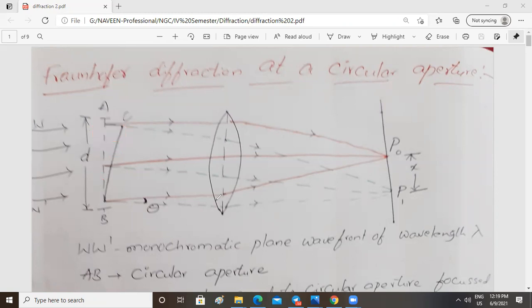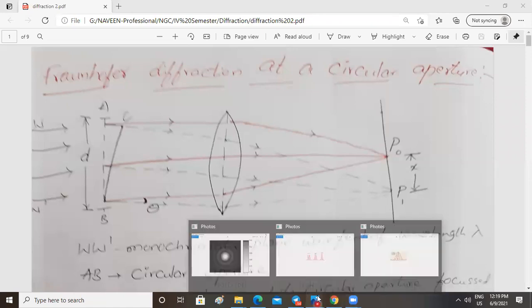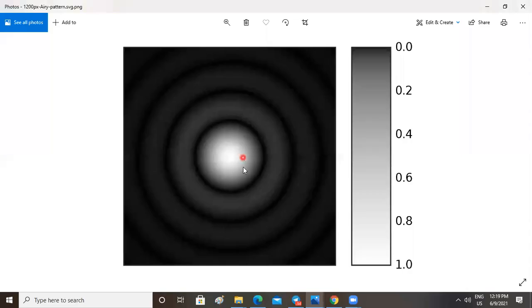That is why we get this pattern. Let me show you the pattern observed. If m is equal to 0, D sine theta is equal to 0, then we get the central bright ring. This ring is known as Airy's disk. The central bright fringe measurements were calculated for the first time by Airy, so it is named after him.